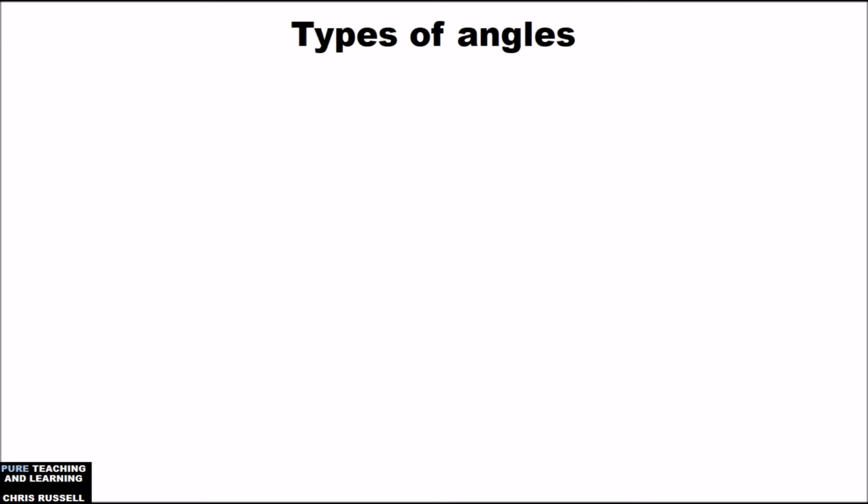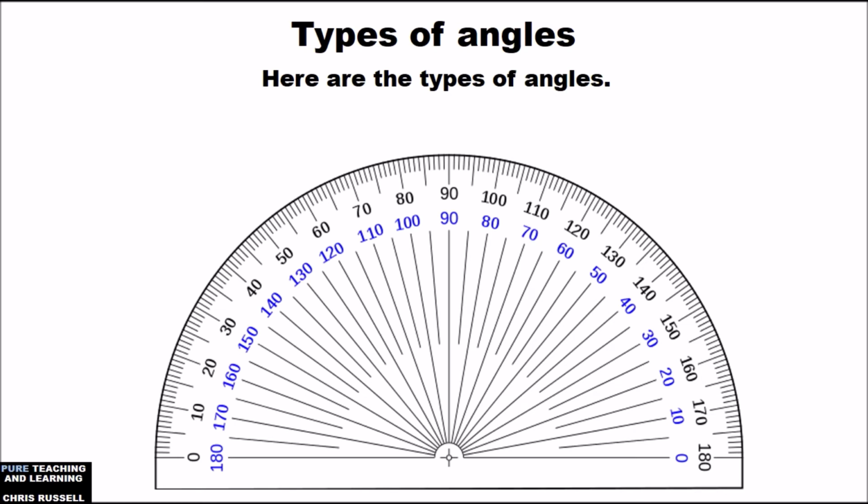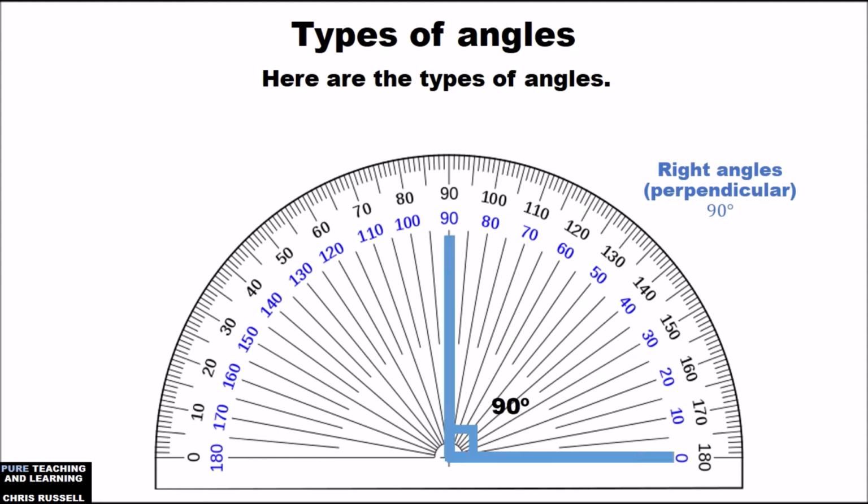Types of angles. Here are the types of angles. Here we've got a protractor. The first one are acute angles, from 0 degrees to less than 90 degrees. The next one are right angles or perpendicular angles at 90 degrees.